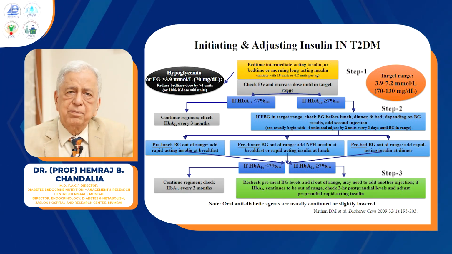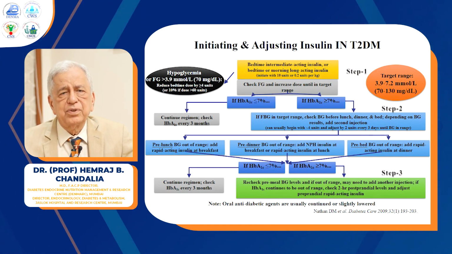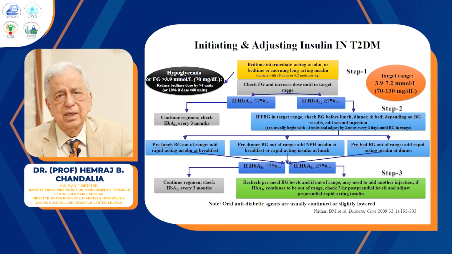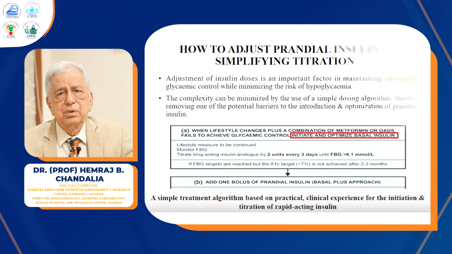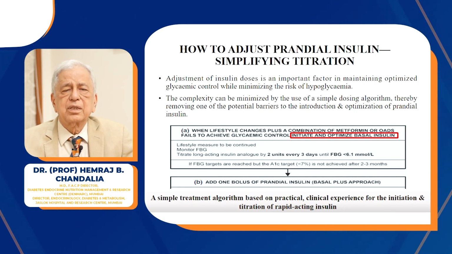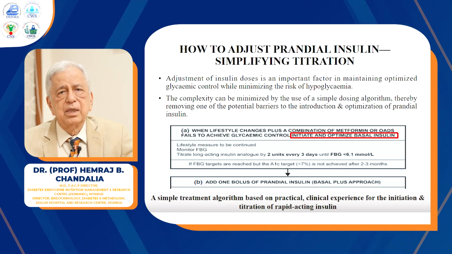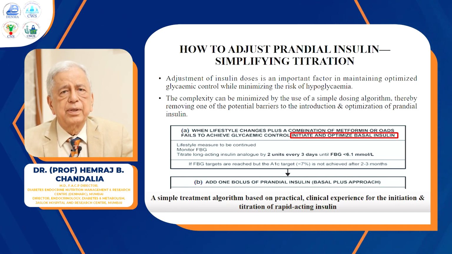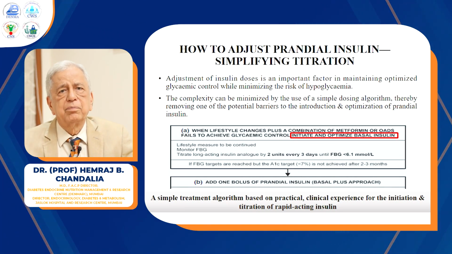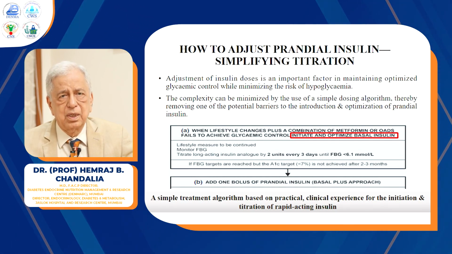Now we will look at the process of titration more closely. Once you have understood the concept of this stepwise escalation, you come to titrating insulin. The most important thing to understand is that before you start prandial insulin, please make sure that you have adjusted the dose of basal very carefully and brought it to the maximum required or optimum dose.